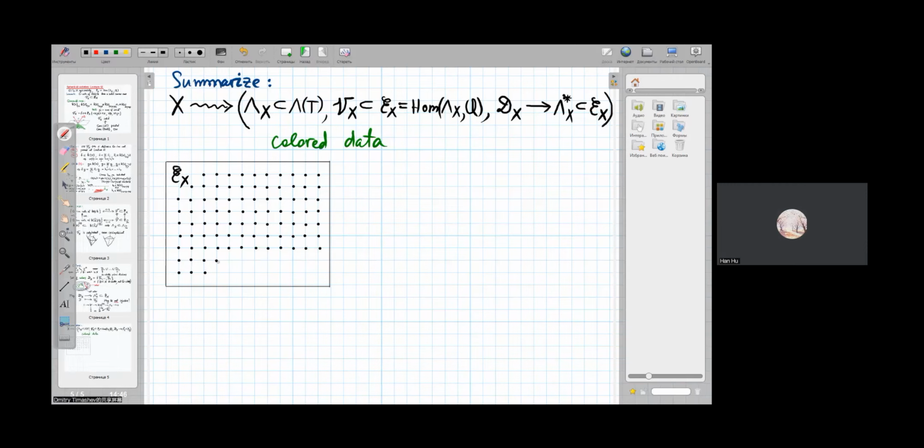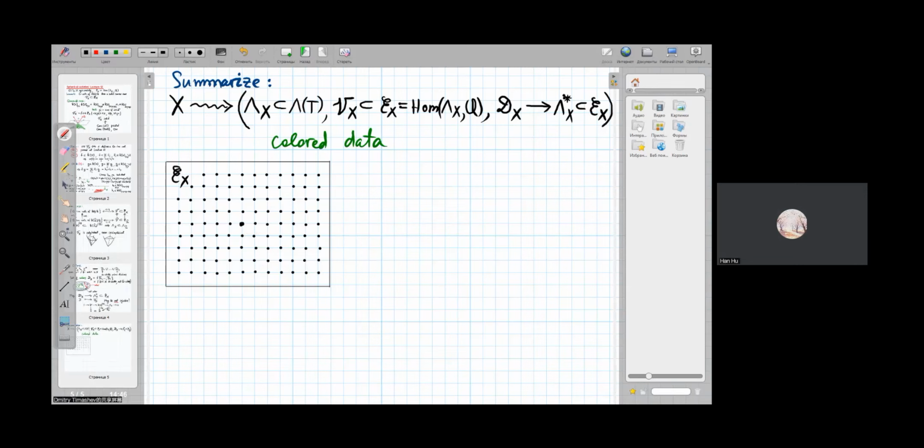So here are these points. We have a vector space equipped with a lattice generating this vector space. So the origin is somewhere here, one of these points.